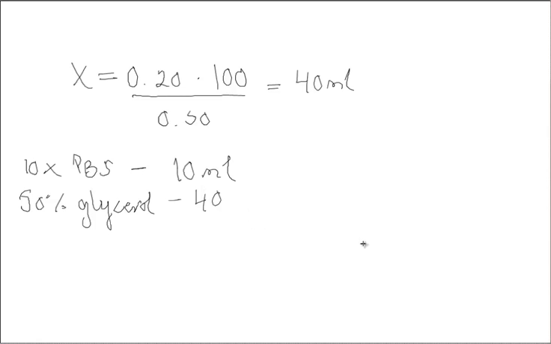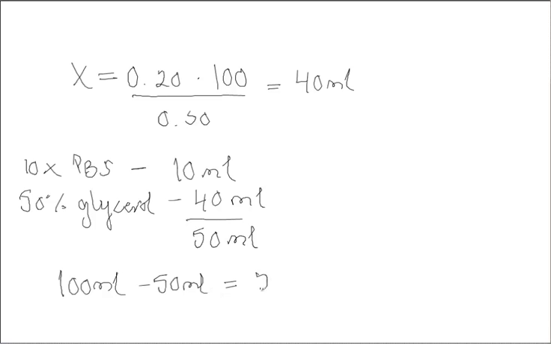And this together will be 50 milliliters. And the final volume is 100 milliliters. And this PBS and glycerol now takes up 50 milliliters, so then we will add 50 milliliters of water.